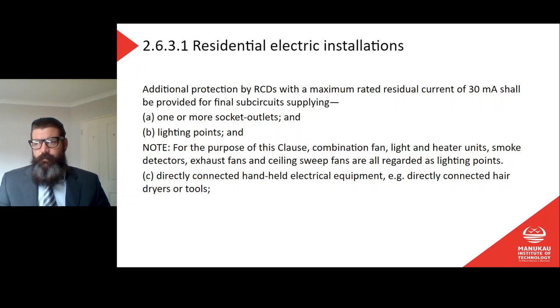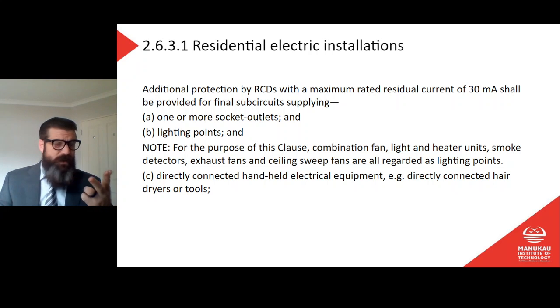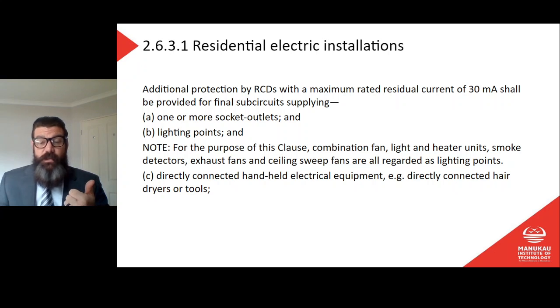What's the other one that I was thinking of? Hot water cylinder. Obviously that's directly connected, so it's not via a socket outlet. It's definitely not a light. It's definitely not handheld, so that does not need to be protected. Air conditioning units or heat pumps. Again, they're going to be directly connected, not handheld, and definitely not lighting.